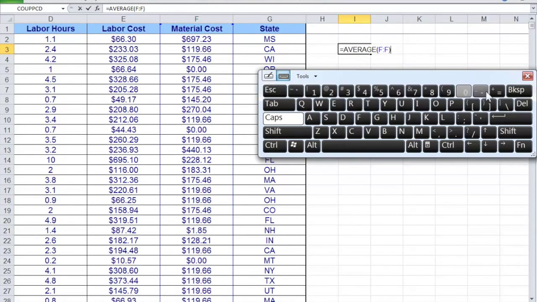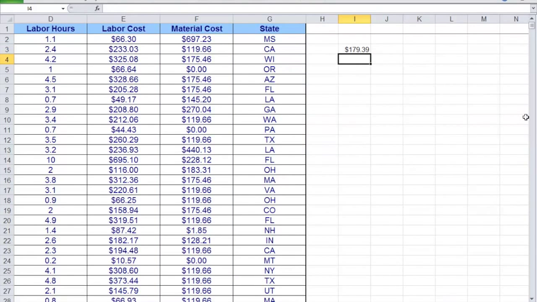So close the bracket and hit enter. That will give you the average. So the average material cost for this data is $179.39. You have 1624 data points and you can calculate the average within a second.